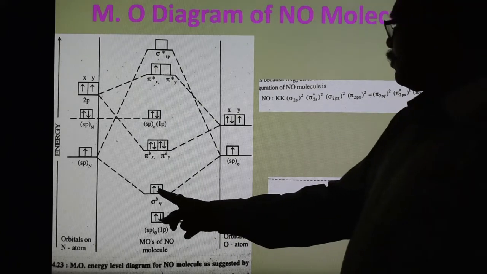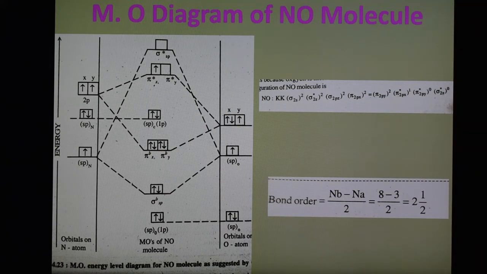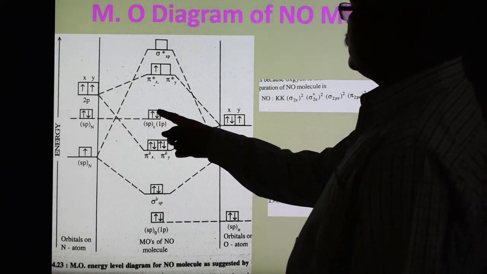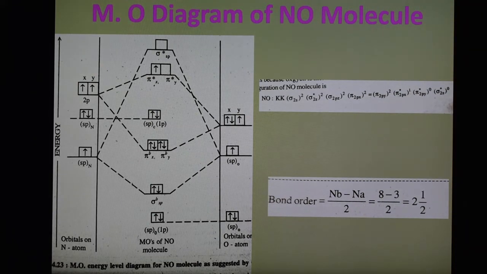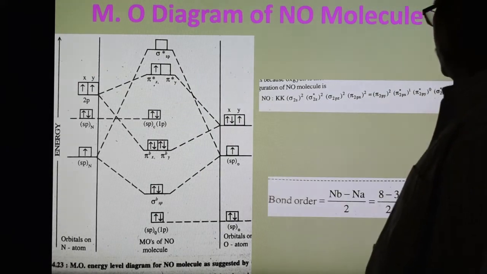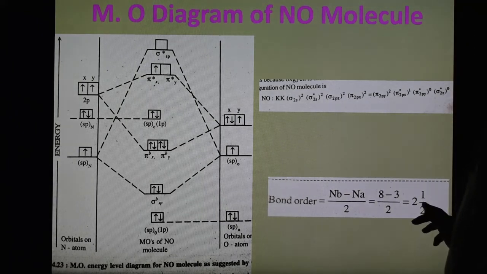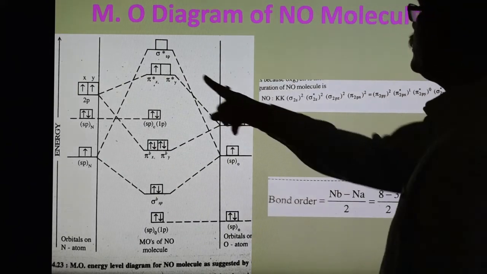The number of bonding electrons: 2 are here and 4 are here, total 6 electrons, and there is only one antibonding electron.